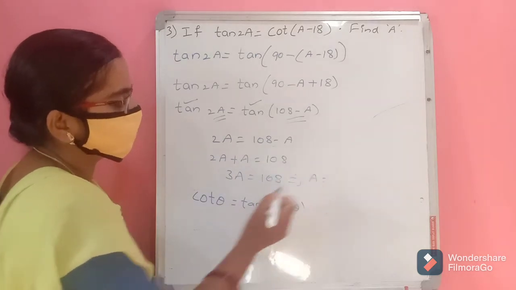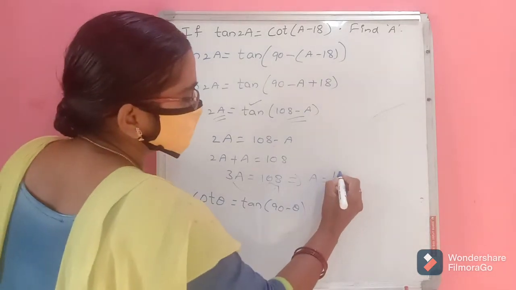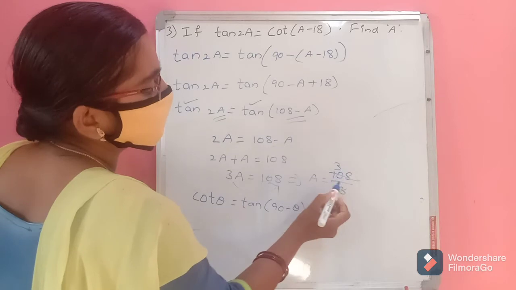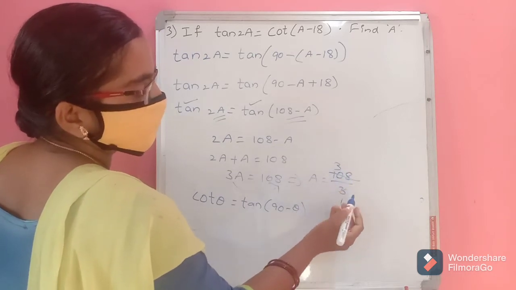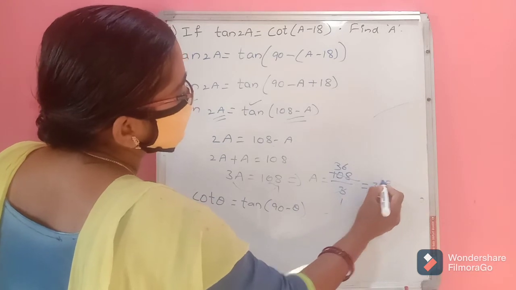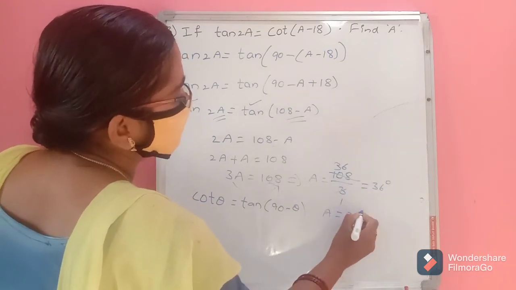Then a is equal to, transpose this 3 this side, it becomes by. So 108 by 3. 3 ones, 3. 3 threes are 9. Remaining 1. It becomes 18. 3 sixes are 18. So 36 degrees. So a is equal to 36 degrees.